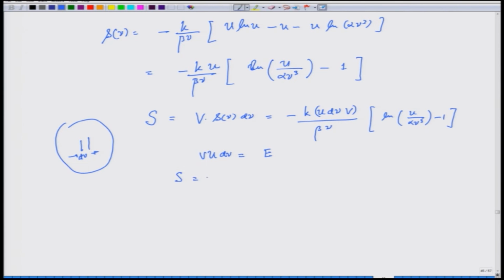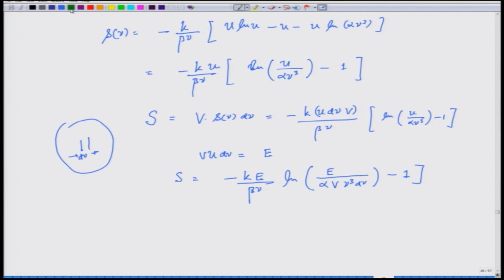So, S is equal to minus k times the energy over beta nu, log of, I can write this as u d nu times V again, so energy over alpha volume nu cubed d nu, minus 1.